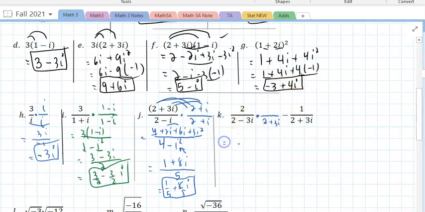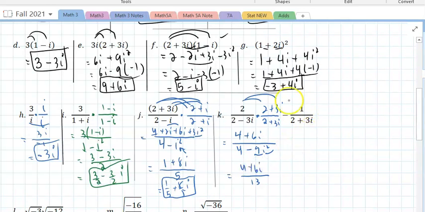So the first denominator is 4 minus 9i squared. That's a negative 1 times negative 9, that's positive 9, that's 13. Whatever you multiply the bottom with, you multiply the top with, a ratio of 1 if you remember. 4 plus 6i. So this is 4 plus 6i over.